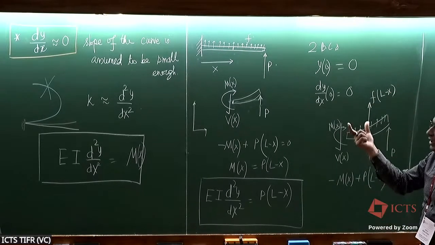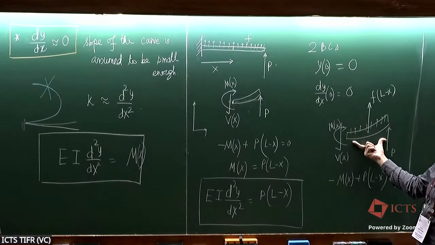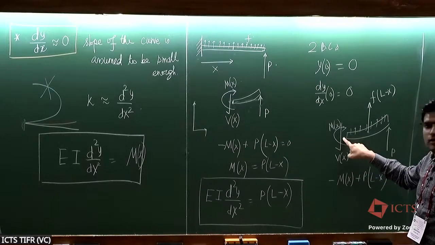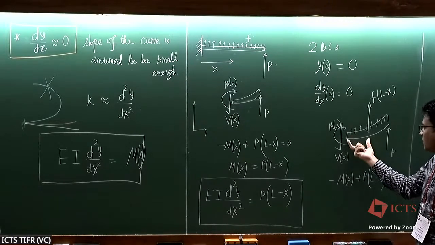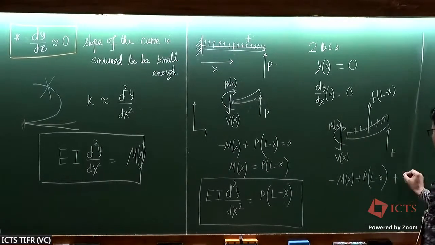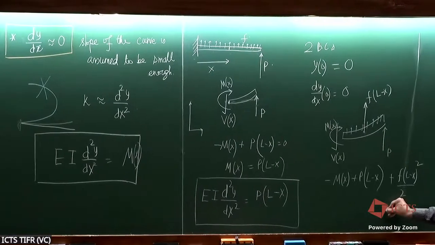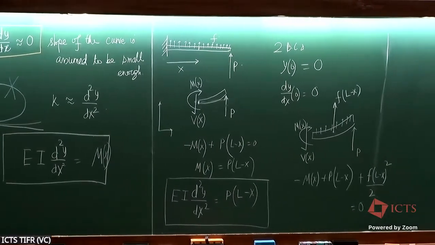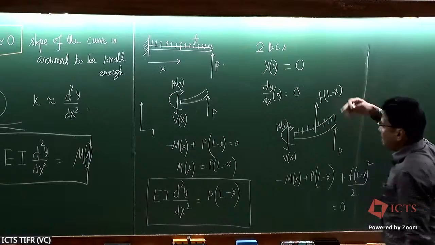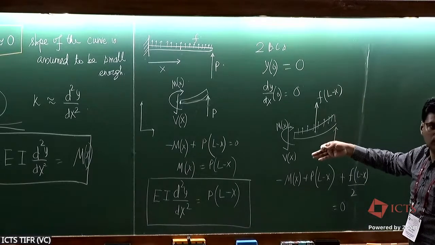You have a constant F acting over this length L minus x, so the total force is F into L minus x, and you are doing moment balance about this point. So the arm of the force is L minus x over 2. You get an extra term here, F into L minus x whole square by 2, which has to be set equal to 0. And then you get your moment. So simple statics gives you the moment profile in this case.